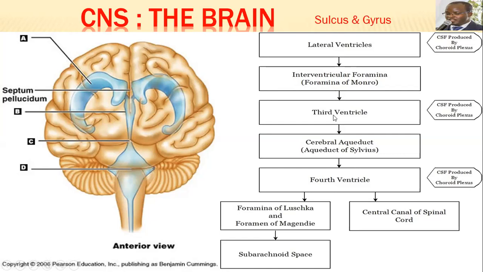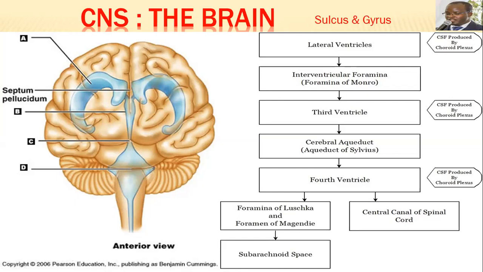From the 3rd ventricle, the cerebrospinal fluid can move via the cerebral aqueduct, or aqueduct of Sylvius, into the 4th ventricle. The 4th ventricle has openings, or foramina. You have the foramina of Luschka on the anterior aspect of the 4th ventricle, communicating with the subarachnoid space.